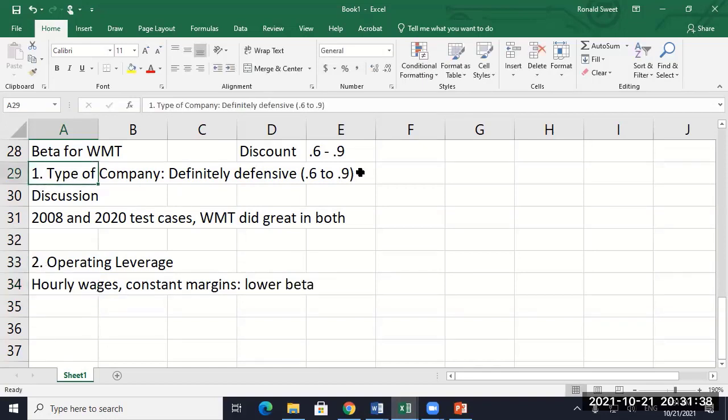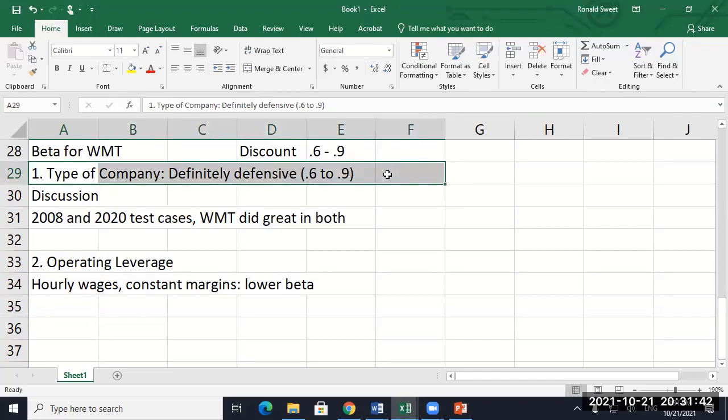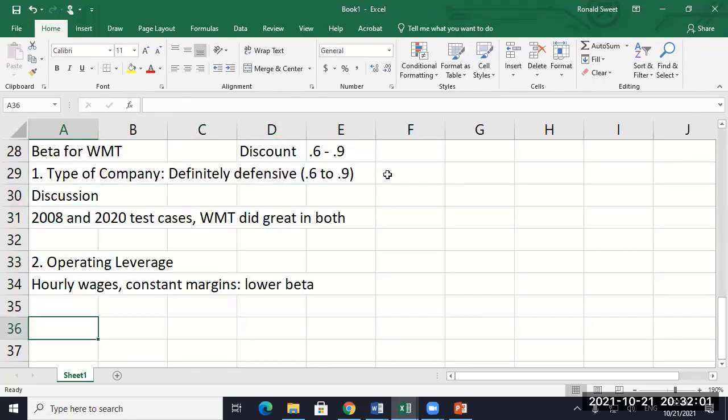On number 1, I establish a range, and then on 2, 3, and 4, I somewhat move within that range. I think this is a defensive company, but I also look at the operating leverage, and that pushes me closer to the lower end of that range, maybe 0.6, 0.7. I'm trying to get closer and closer to what I want.